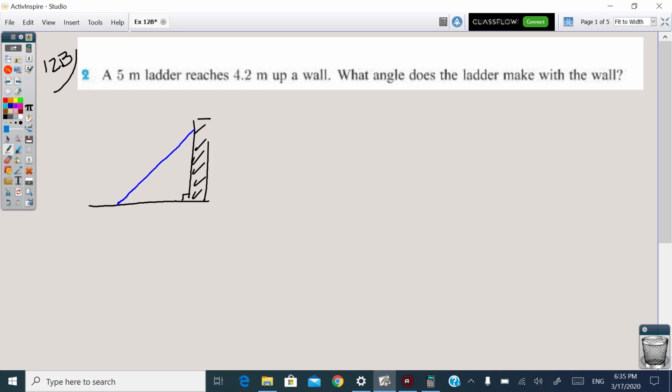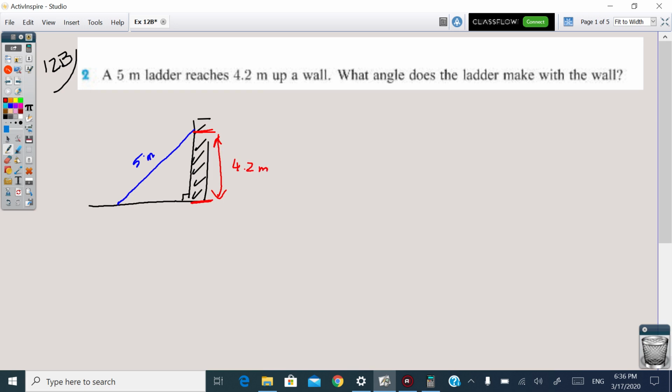The ladder is 5 meters long, so this is the 5 meters. And it reaches 4.2 meters up the wall, so this distance from here to here is 4.2 meters.